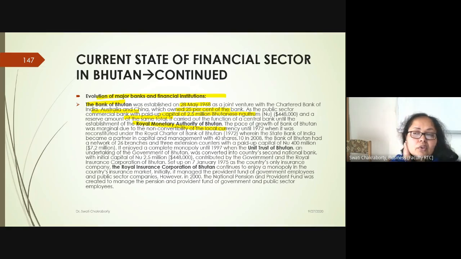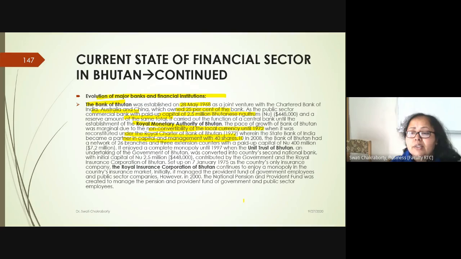The pace of growth of the BOB was marginalized due to the non-convertibility of the local currency until 1972, when it was reconstituted under the Royal Charter of Bhutan, where the State Bank of India became a partner in capital and management with 50 shares.